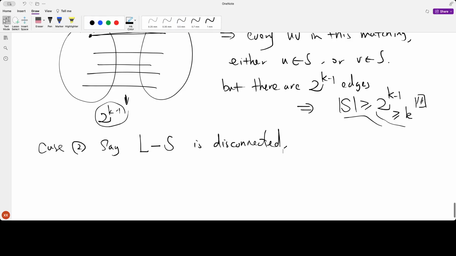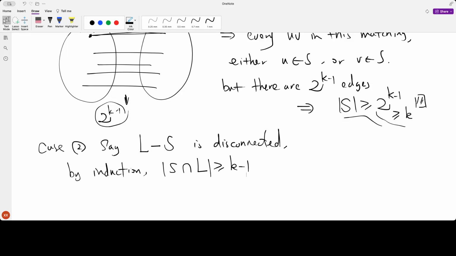But by induction here, okay, we started from induction, but we never use it. By induction, because L is a copy of Q k minus 1. So by induction, S is at least, in fact, S intersection with L, this is at least k minus 1.